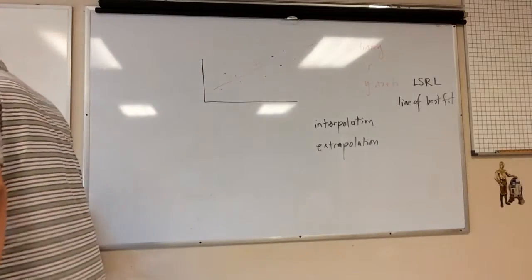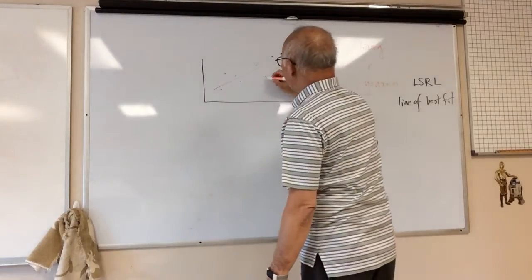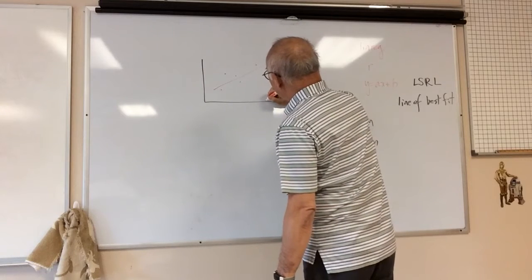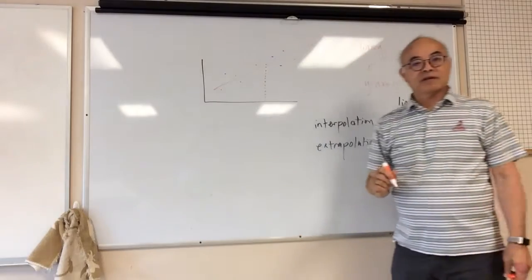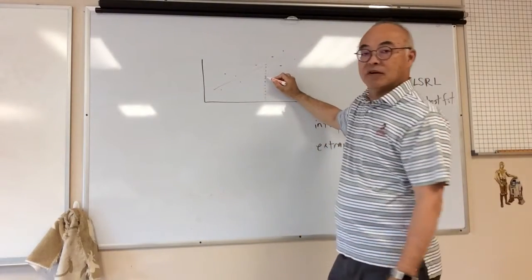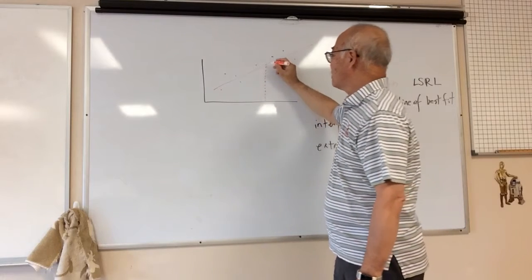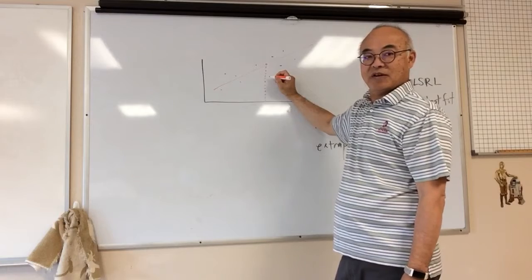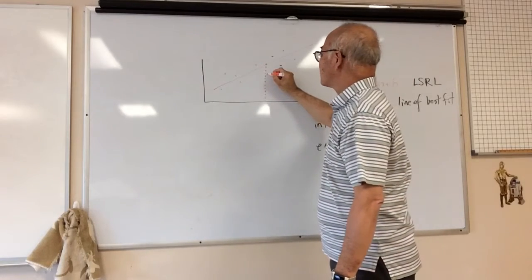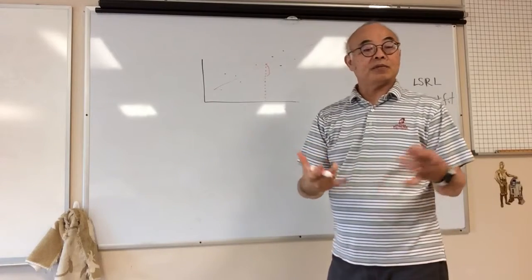One more interesting thing to point out here is that at certain points, like this point, I actually have a value. But my line of best fit predicts something way up here. So there's actually a difference between the actual and the predicted.